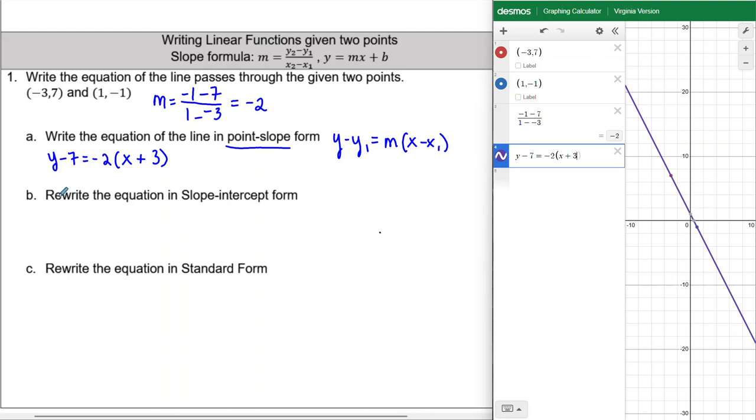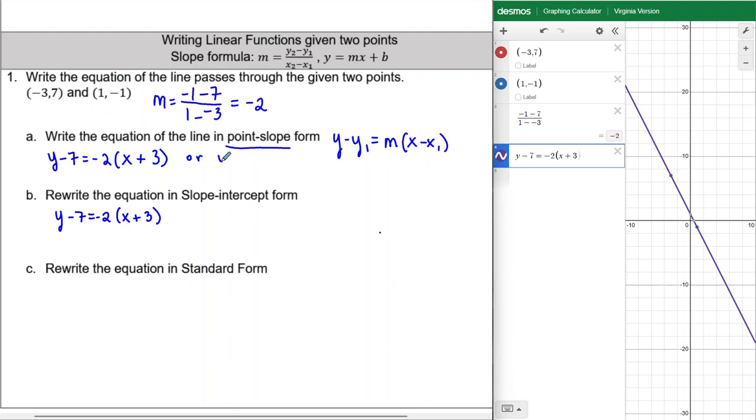All right, rewrite the equation in slope-intercept form. Or if you're curious, will it work the same way if I use the second point?